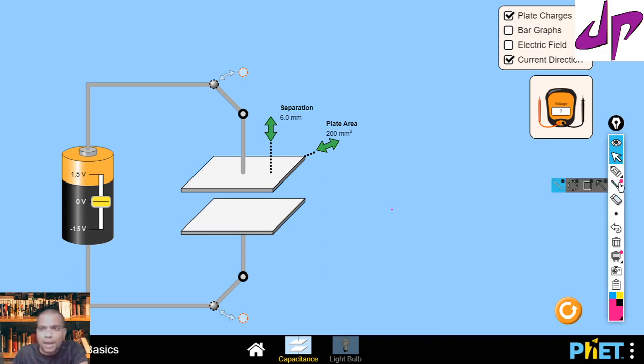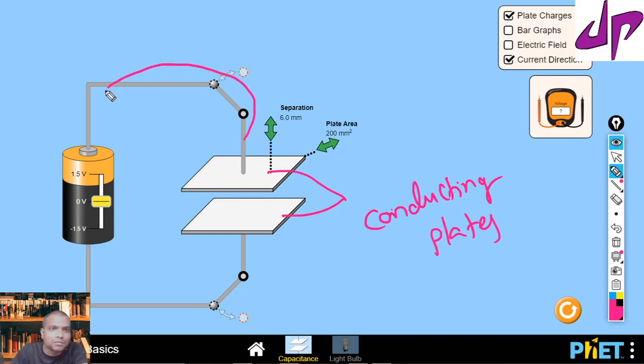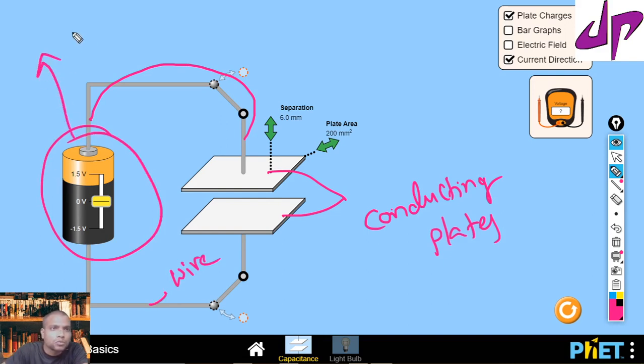Here I have a setup. It contains two conducting plates, and these plates are connected via wires. Here is the battery, my potential difference source.